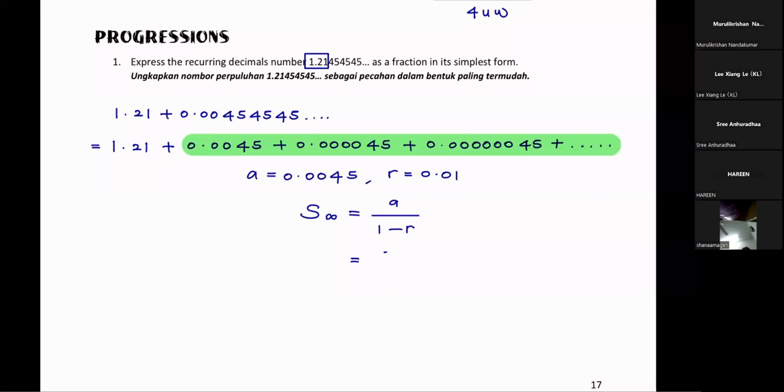A is 0.0045. 1 minus R is 0.01. What is the fraction you get? 1 over 220.